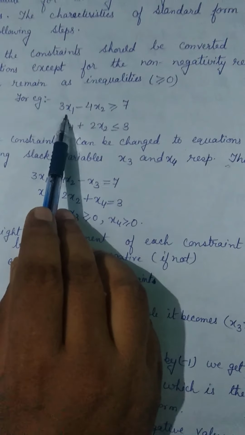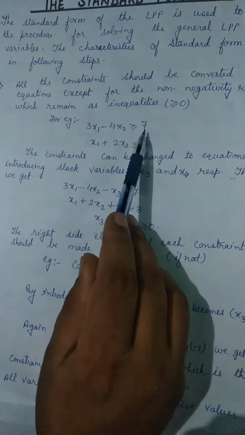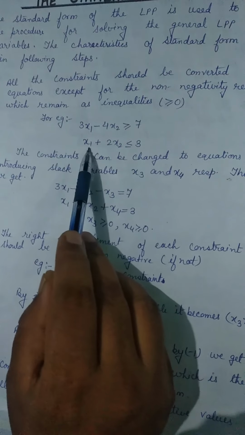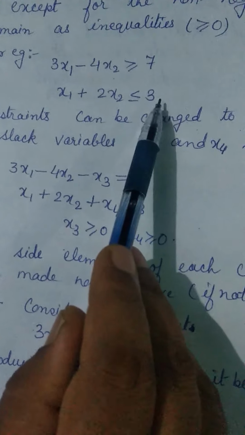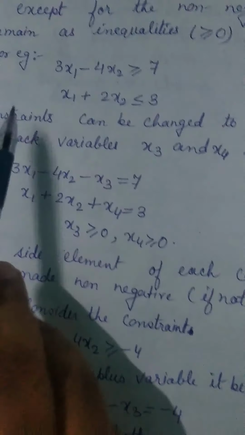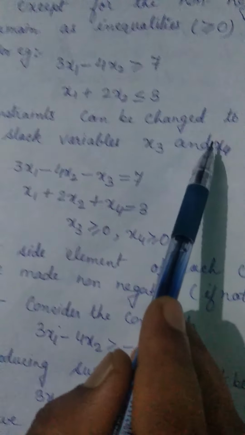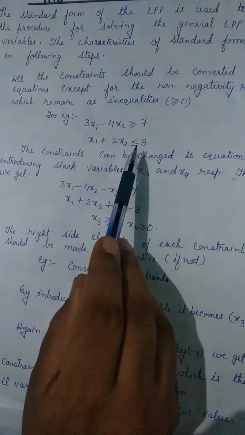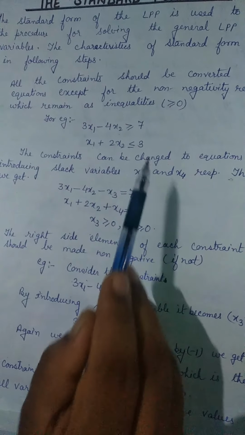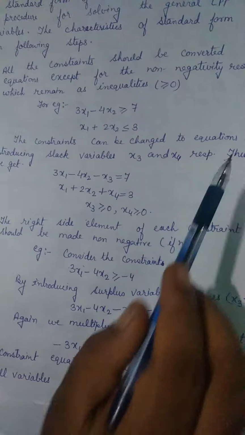Here 3x1 minus 4x2 is greater than or equal to 7, x1 plus 2x2 is less than or equal to 3. These constraints can be changed to equations by introducing a surplus variable and a slack variable, x3 and x4 respectively.